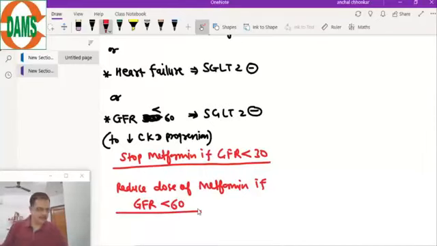So this will be the anti-diabetic medicine. Remember ACE inhibitor, we will come to that ACE inhibitor in the nephropathy section also. Here we are talking only about the anti-diabetic agents.